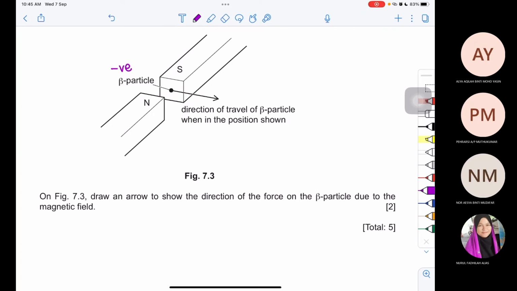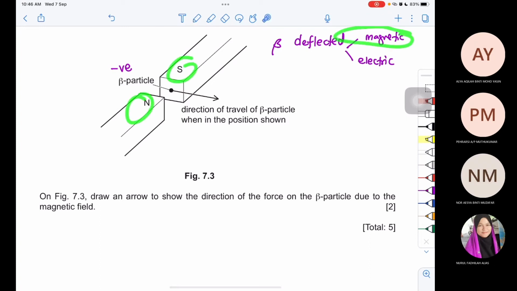Jadi, you have to understand that beta is a particle and it can be deflected by magnetic field and electric field. But now we are talking about magnetic field lah. So kita ada magnet sini. Alright. So what's the direction? So you can use Fleming's right hand rule ataupun Fleming's left hand rule, students. Kita ada dua kan?